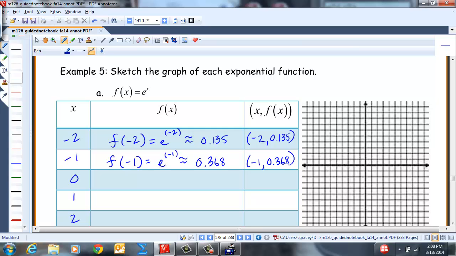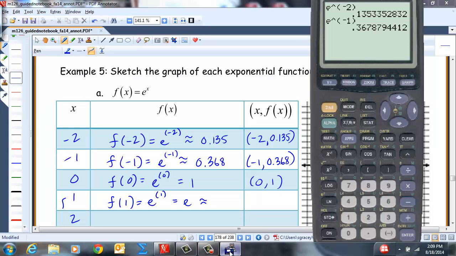All right, and then this one we can just do regularly. f at 0 is e raised to the 0, which is 1. And then f at 1 will just be e to the 1, which is e, which is approximately, and if you ever forget, we'll do it on the calculator.